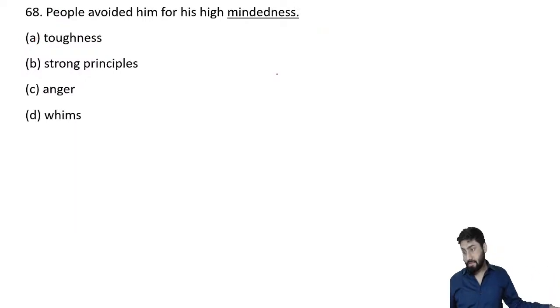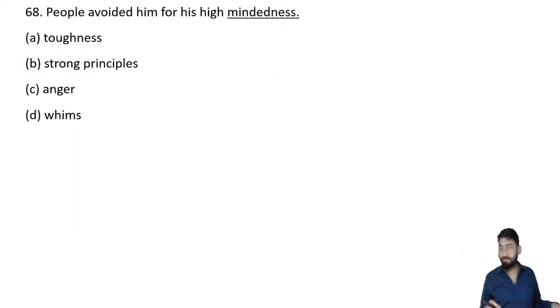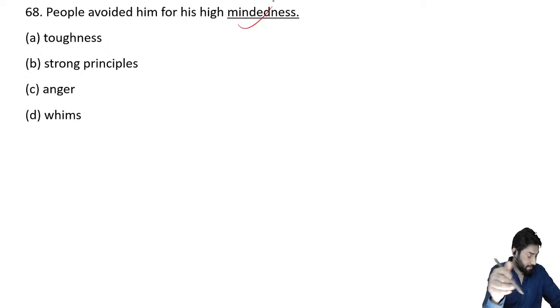Now next: people avoided him for his high-mindedness. Anyway, I think yes, it's properly typed. Toughness, strong principles, anger and whims. Anyway, so high-mindedness. High-mindedness is actually used for high moral grounds.